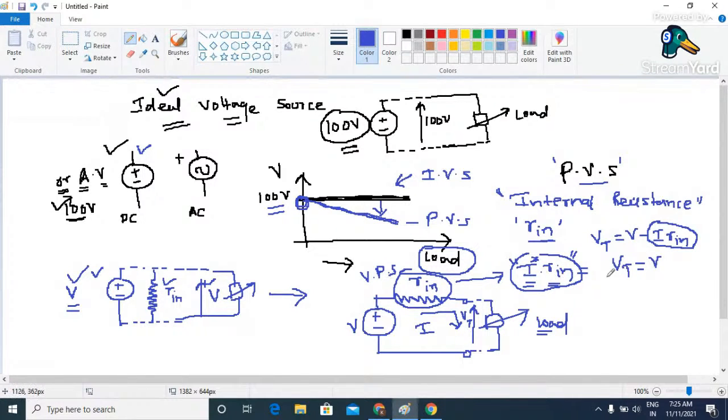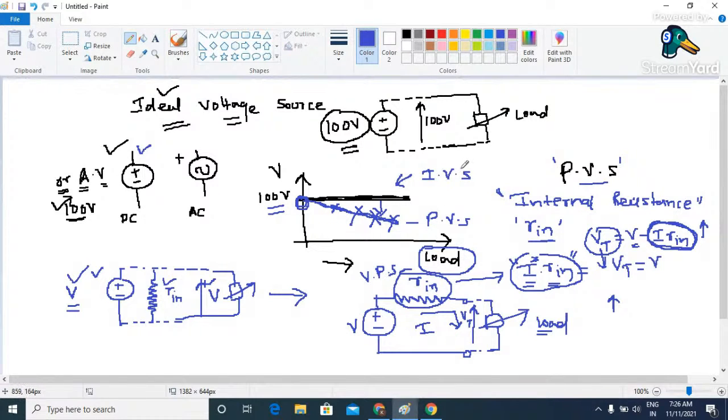And the moment we increase the value of load, that means we increase the value of current, this term is going to increase. And because V is constant, V minus an increasing value means this term is going to be reduced. So the moment we increase the value of load, we are reducing the value of voltage like this. So this is the practical significance of a voltage source.